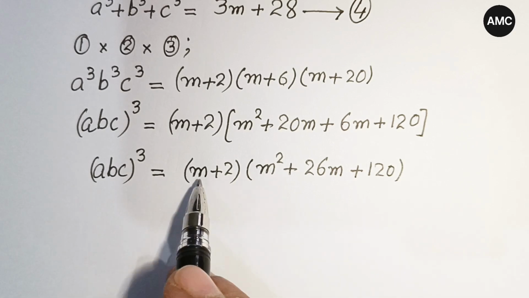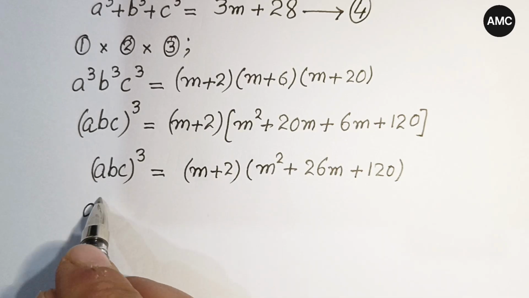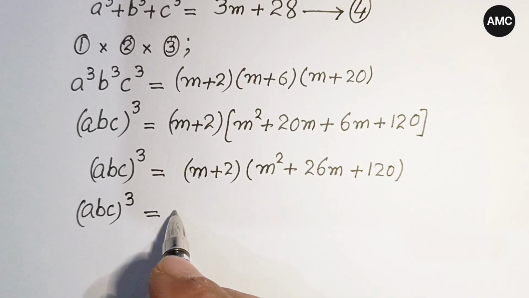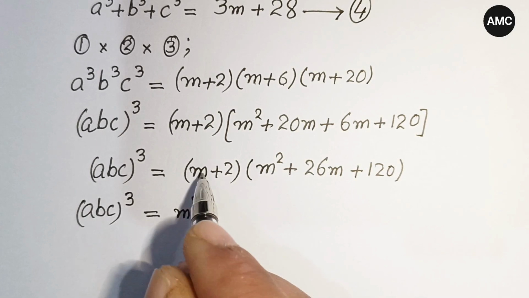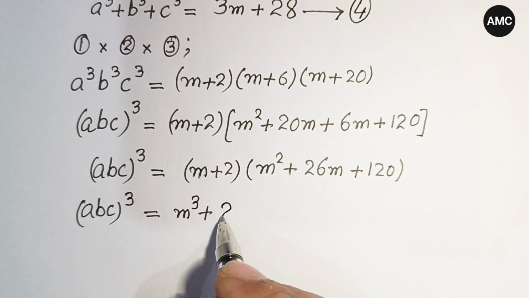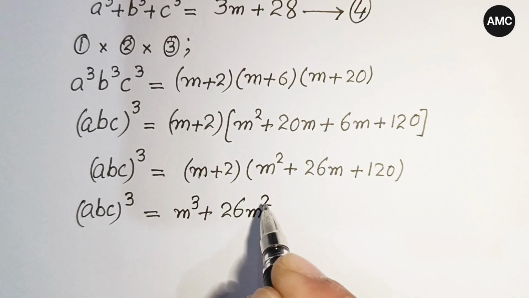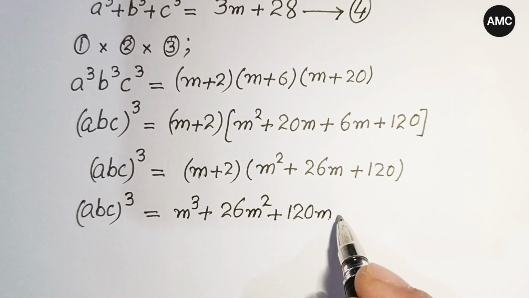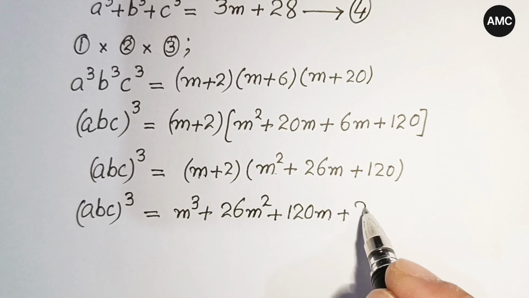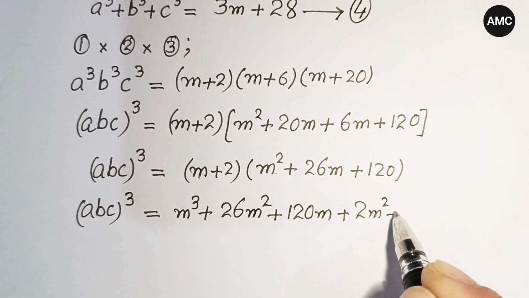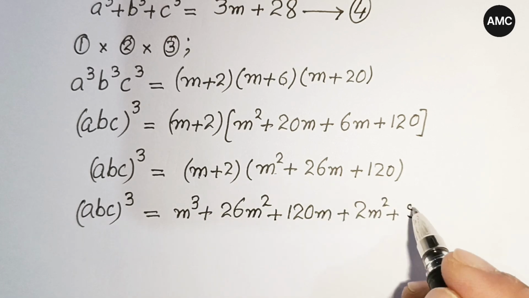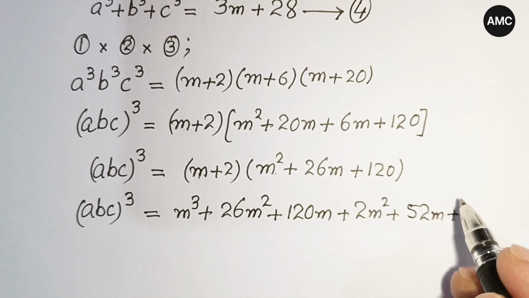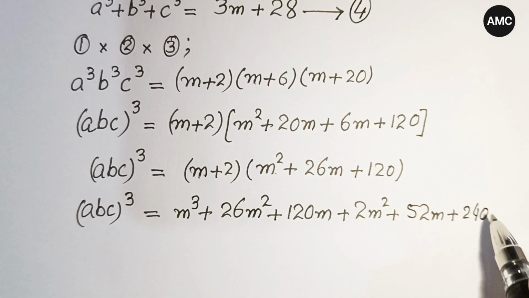Now multiplying this m plus 2 into this parenthesis, we have a times b times c whole cubed is equal to m times m squared is m cubed, plus m times 26m is 26m squared, plus m times 120 is 120 times m, plus 2 times m squared is 2m squared, plus 2 times 26 is 52 times m, plus 2 times 120 is equal to 240.